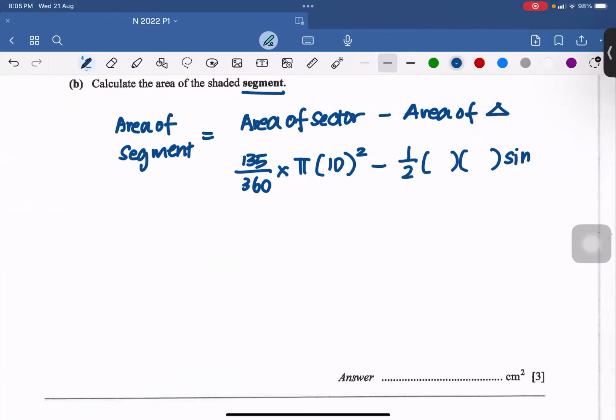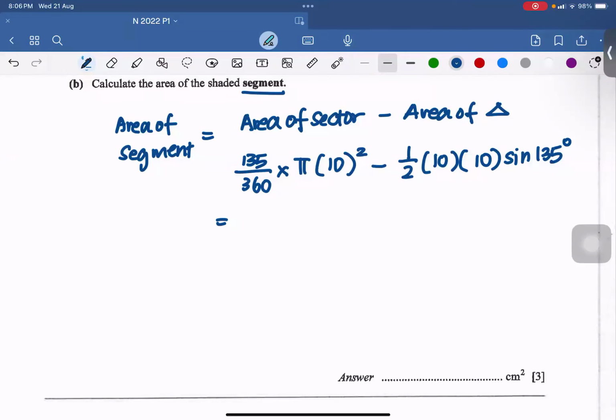Side of the angle. So our two sides, the radius is 10, 10. The angle is 135. So half AB sine C. This kind of question is a giveaway one. That's very standard, not very difficult. Should be doable. So must remember to memorize the method, then do the question.